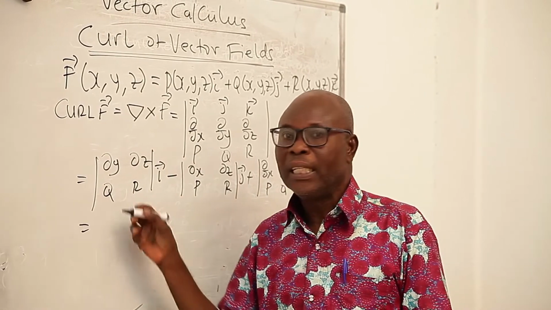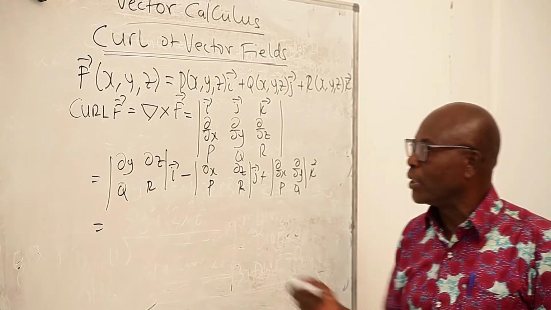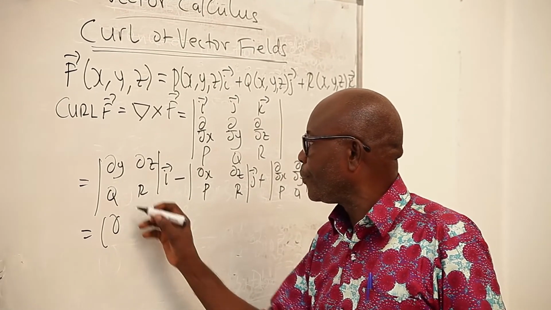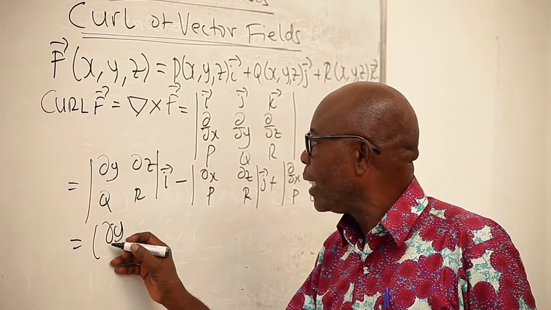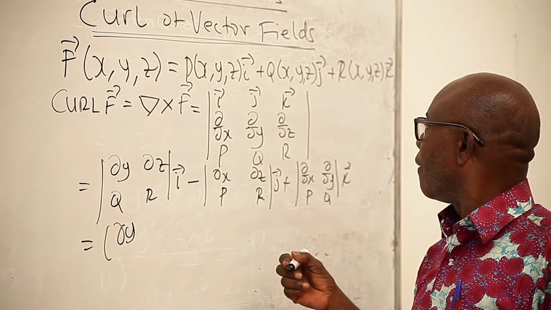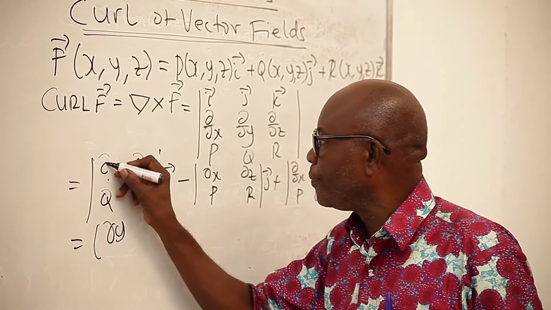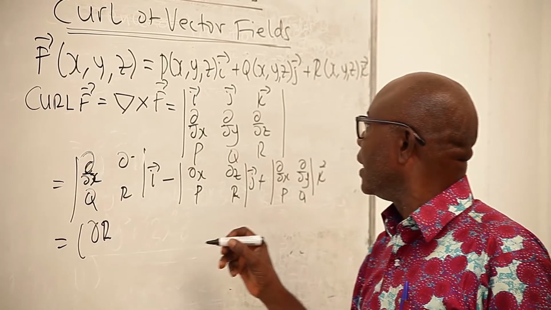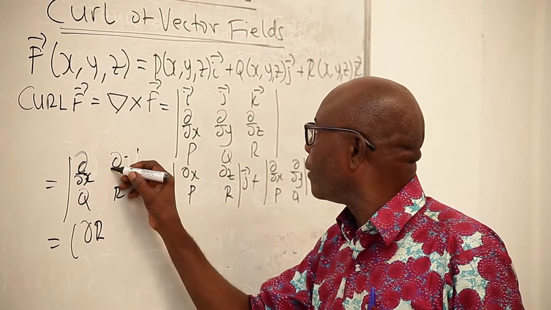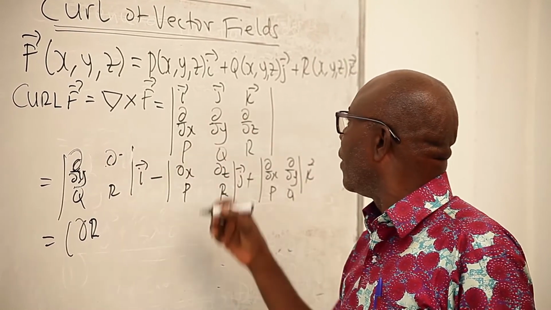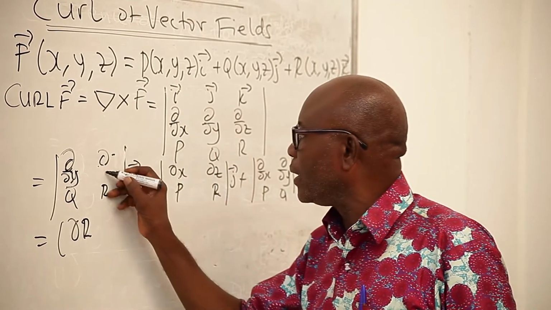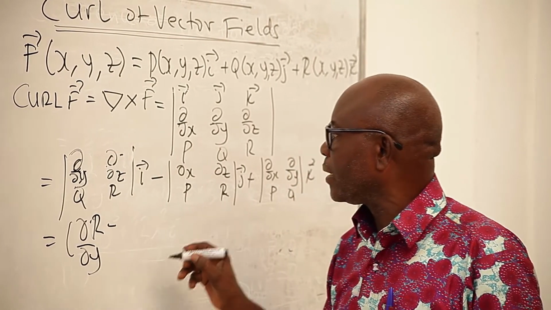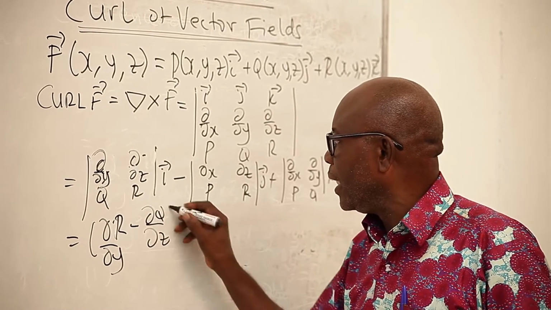If you open up the determinant of each 2 by 2 matrix, we're going to have partial R partial y minus partial Q partial z in the I direction.